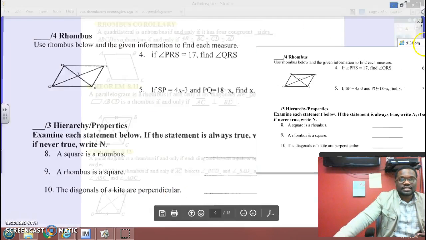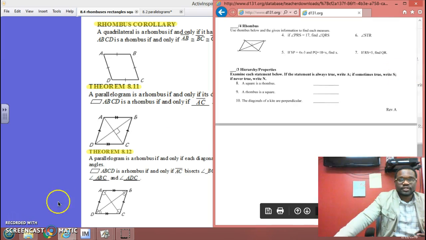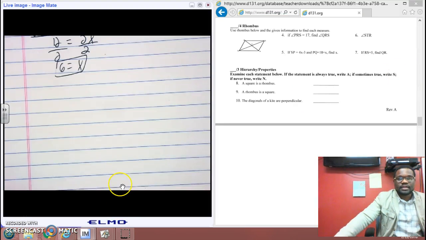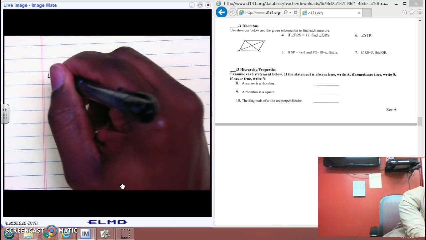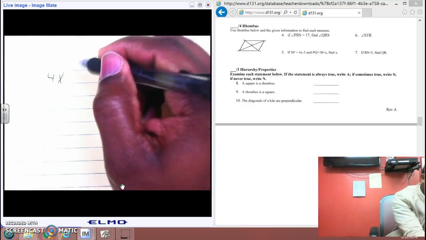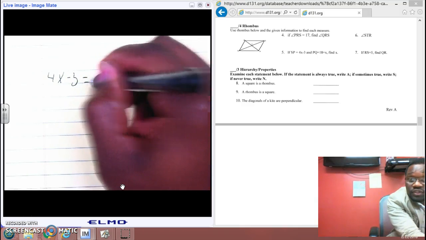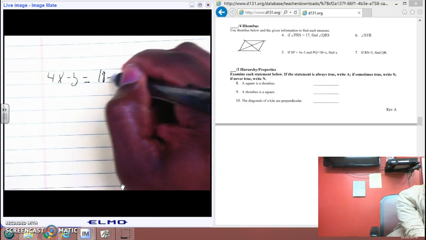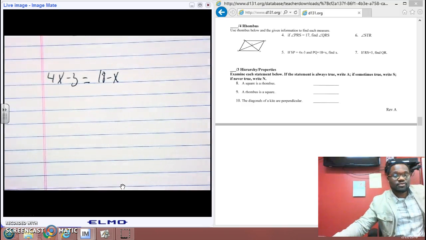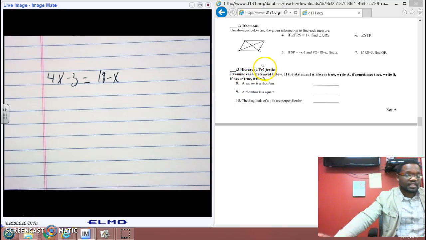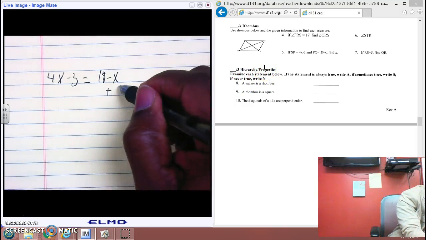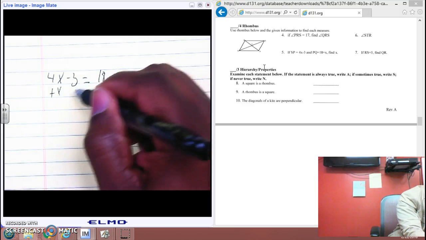So if that's the case, then I can say that 4x minus 3 equals 18 plus x. And notice I didn't add them together and make it equal 180. I didn't make up something and decide that that's what I'm going to do. I let the notes, the rules, the theorems tell me how to set up my equation. And if I need to find x, I just need to solve for x.